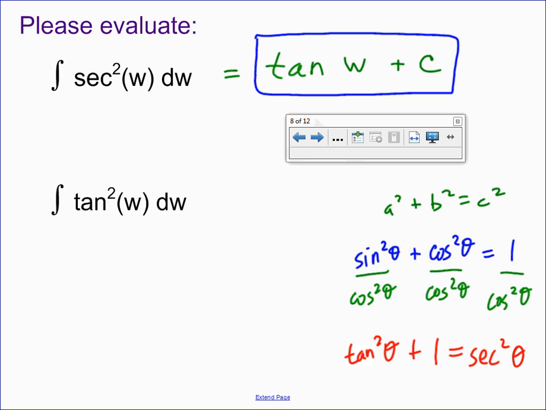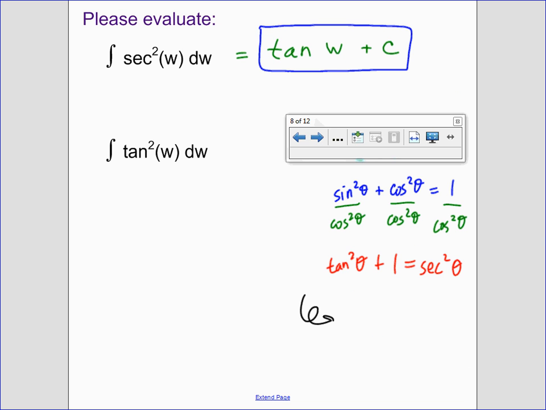So I know that tangent squared theta plus 1 equals secant squared theta. Therefore, rearranging this, I know that tangent squared theta is equivalent to what? Well, tangent squared theta then must equal secant squared theta minus 1. If we rearrange that to equal the integrand in question, we can make a simple direct substitution using a Pythagorean identity and replace my integrand, tangent squared w, with what?